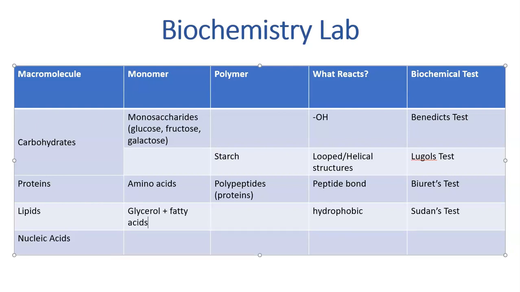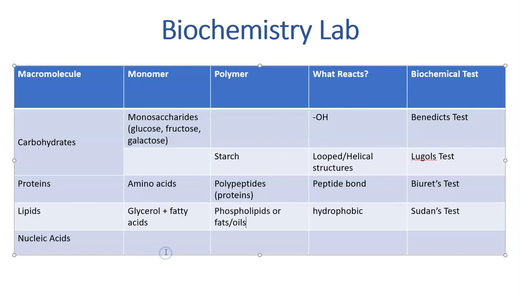Depending on what type of larger lipid you're making, it might be a glycerol plus 3 fatty acids, which would be something like a fat or an oil. Or it might be a glycerol plus 2 fatty acids plus a phosphate head group, and that phosphate head group would allow you to make a phospholipid. So the polymers are a little different than what you might see for carbohydrates and proteins because they're not long strands of molecules.